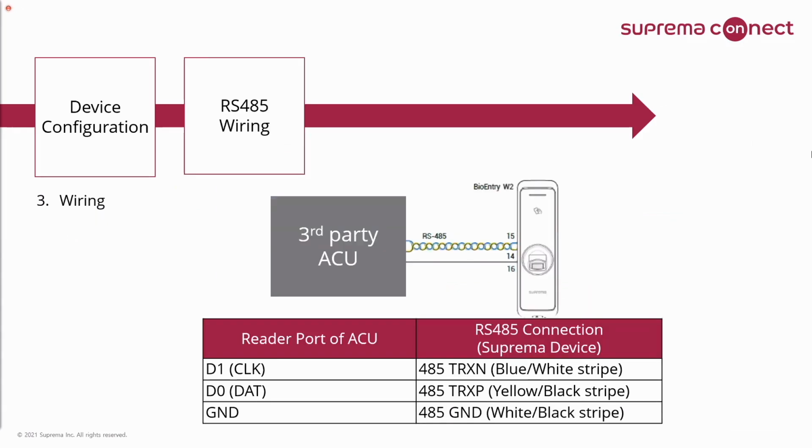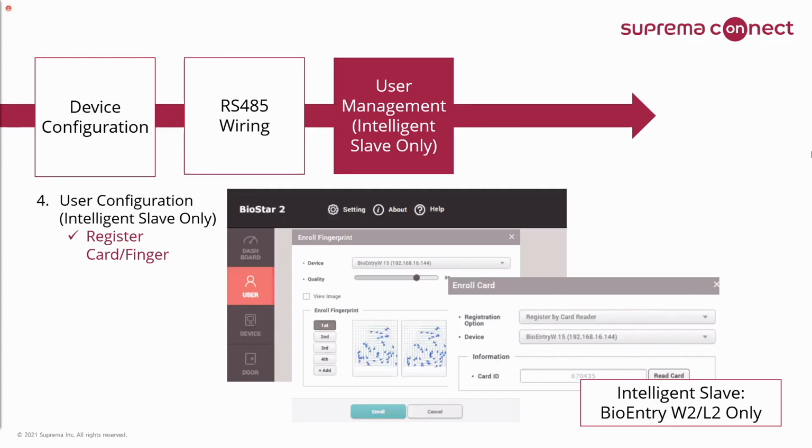According to the pin map, please connect the RS485 cable of the Suprema devices to the panel. If you want to use the intelligent slave function, please register the user information with biometric information or card in BioStar 2 software.